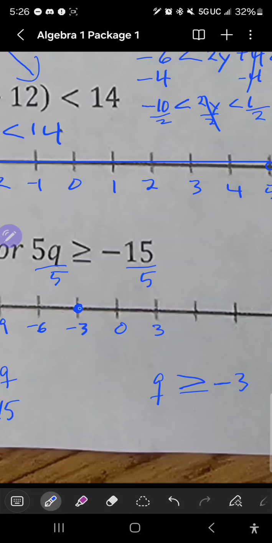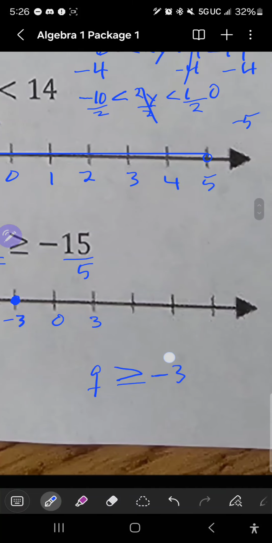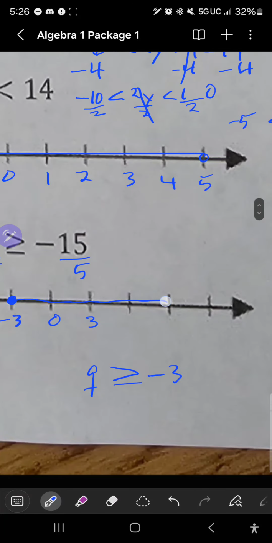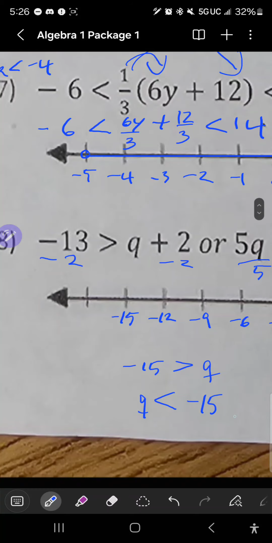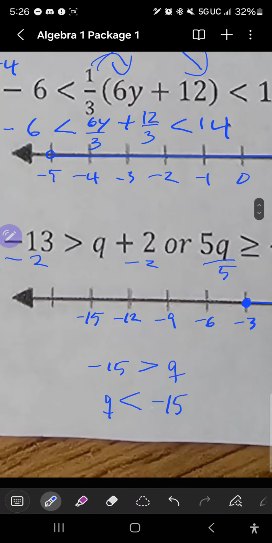So we draw a full dot, and we make the line to the right. And for this one, this is going to the left, and we don't see an equal sign, so this is not included. So we draw an empty dot.